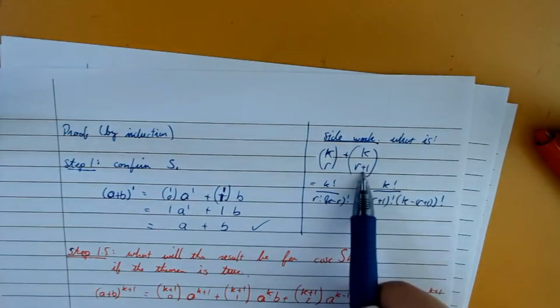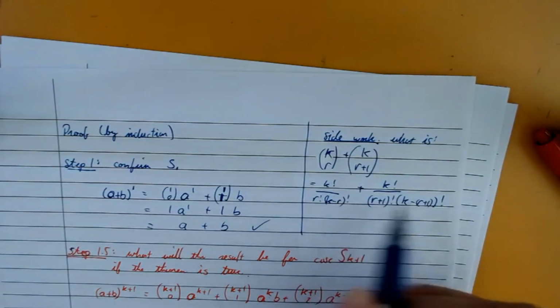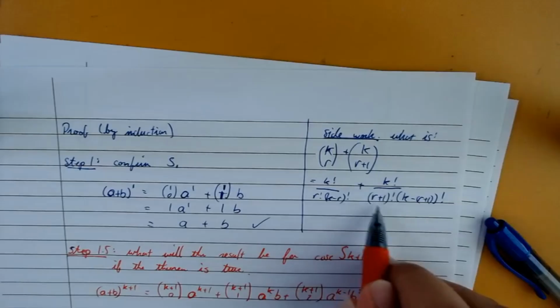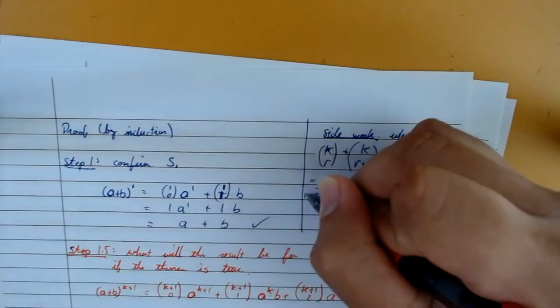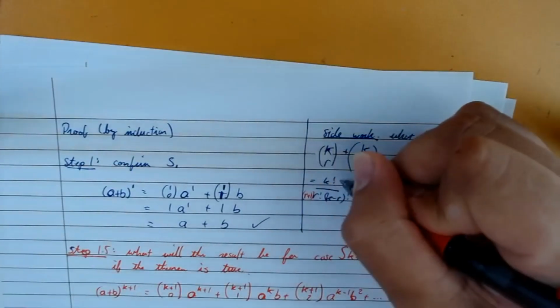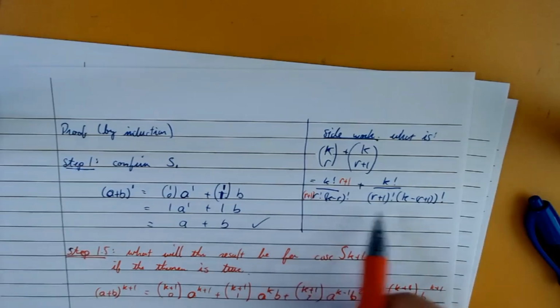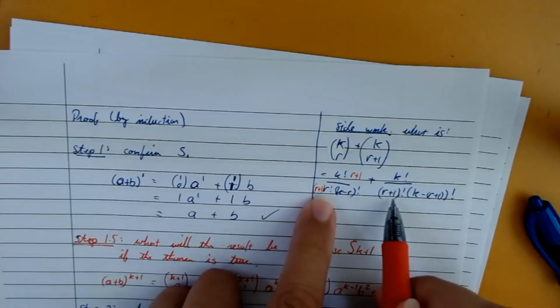All right, so that minus that factorial. Okay, well, in order to add these, they need a common denominator. Okay, well, that's r factorial and that's r plus 1 factorial. So if I multiply this by r plus 1 on the top and bottom, r factorial times r plus 1 is r plus 1 factorial. So now these are the same.